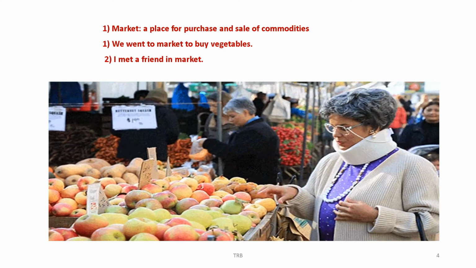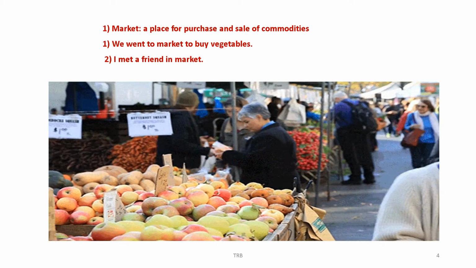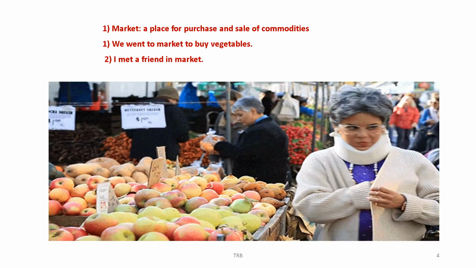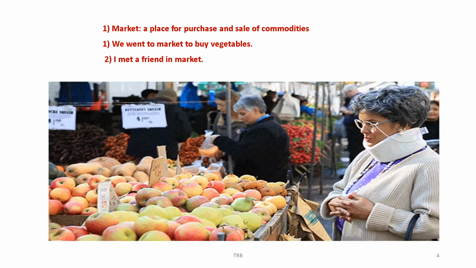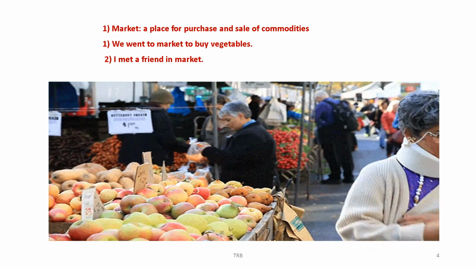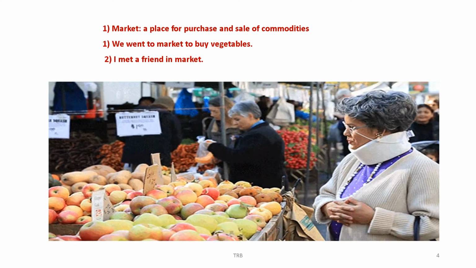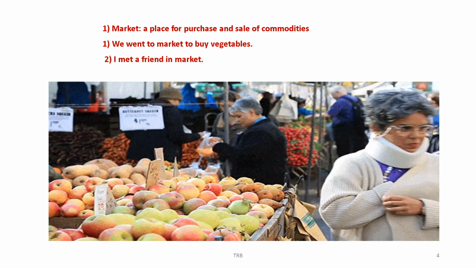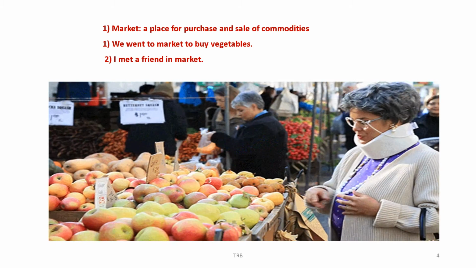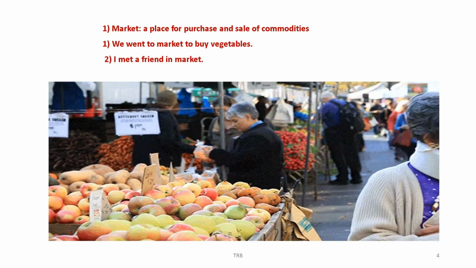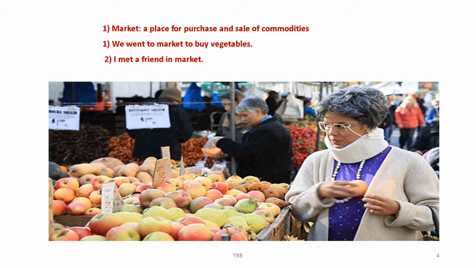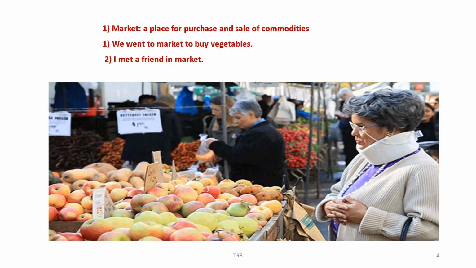You can look at the picture, you find a variety of fruit and many more things. Sentences: We went to market to buy vegetables.